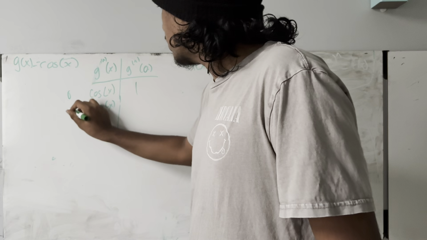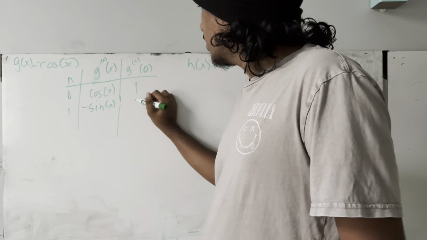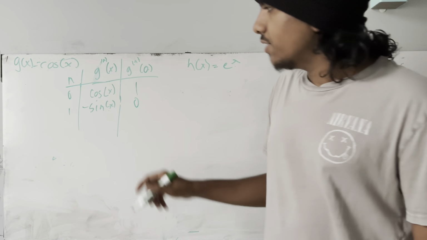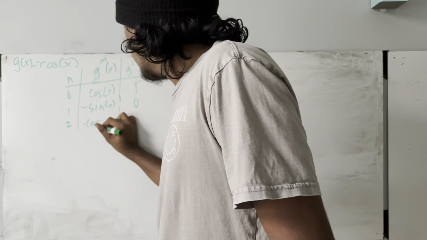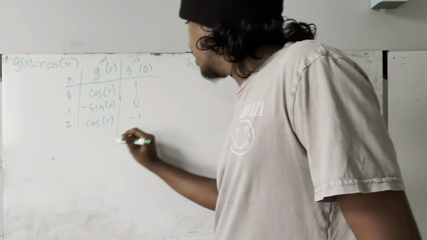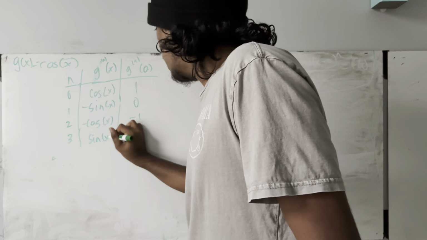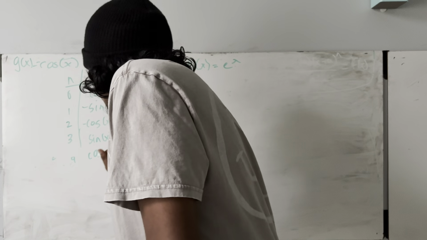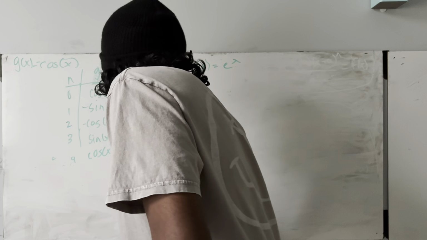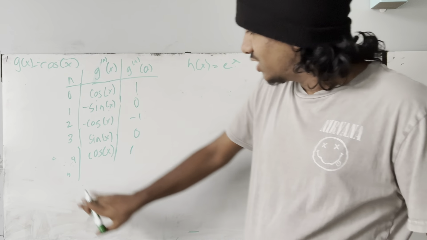This is n equals 0, 1. This is 0, okay? 2, negative cosine of x. Well, that's negative 1. 3, sine x. This is 0. 4, cosine x. This is 1.